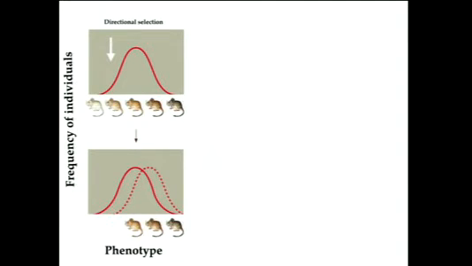Here's your force, sorry. I was confused because I was thinking of that arrow as being the force. No, this white arrow illustrates the force. The force is acting against individuals at this part of the curve. That leads to a moving of the normal distribution to the right, leading to a change in the mean value of the phenotype to the right, toward the darker individuals.